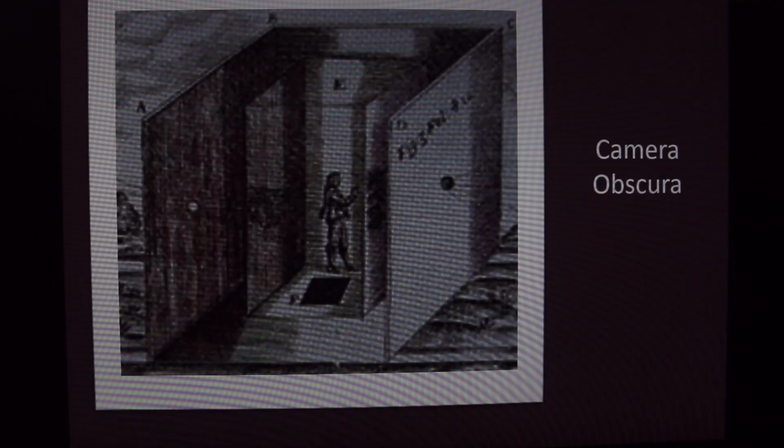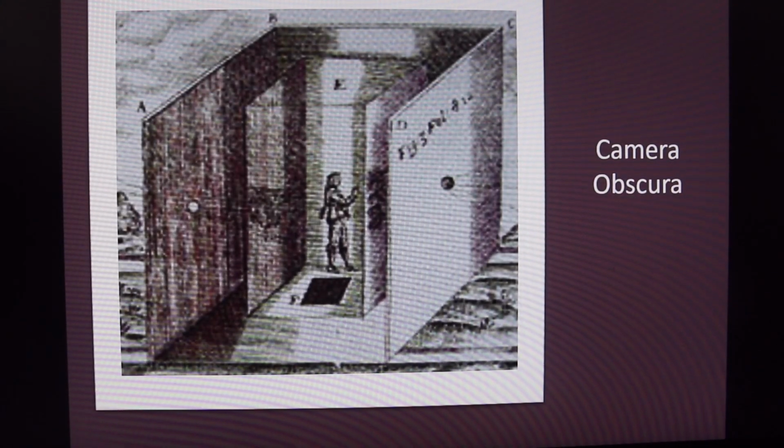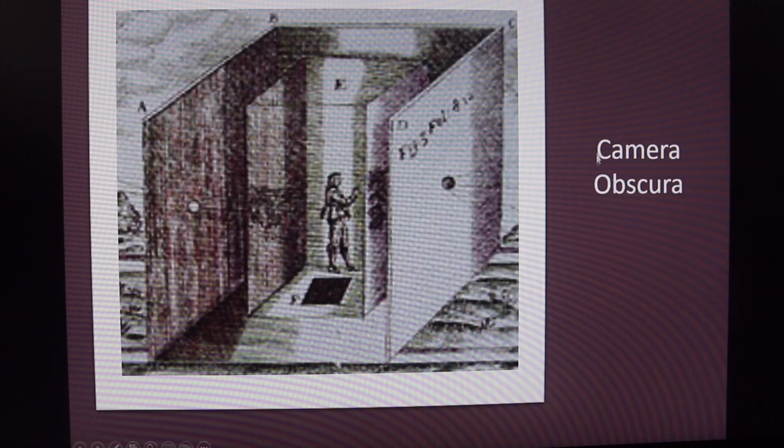So let's begin. The very first idea that you could see things in a dark room called a camera obscura. Camera, that word there means room. Obscura, of course, we're talking in Italian, means dark.